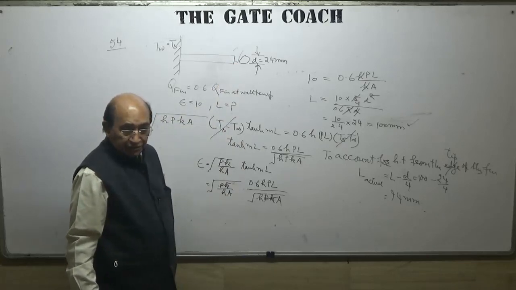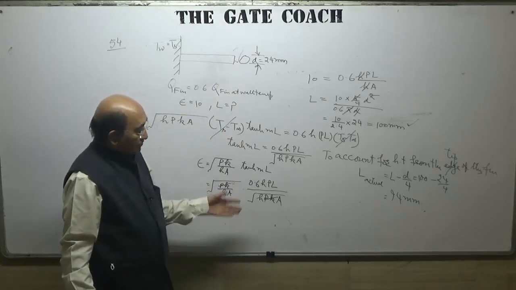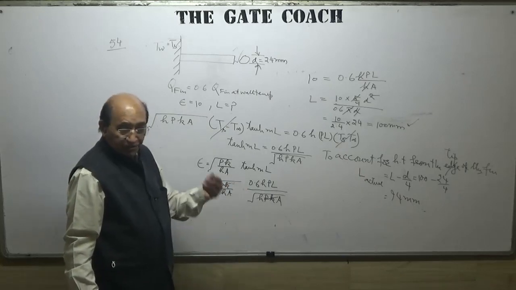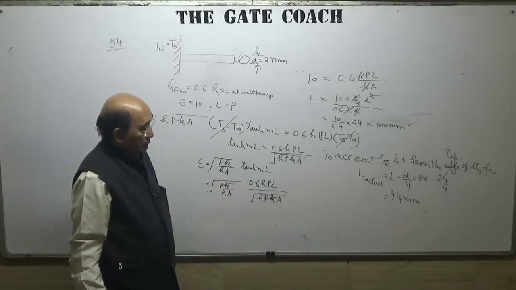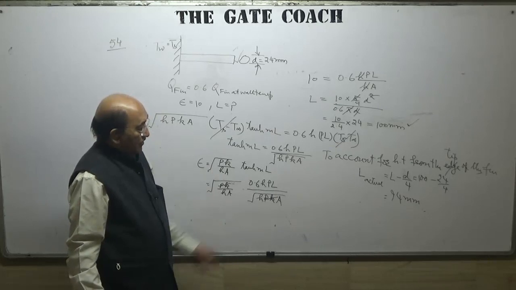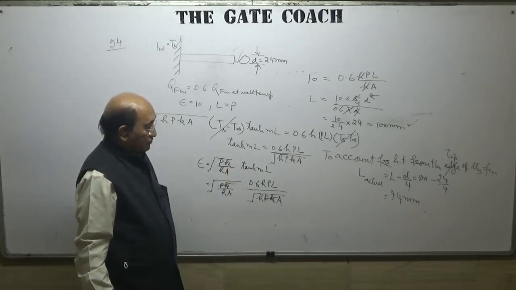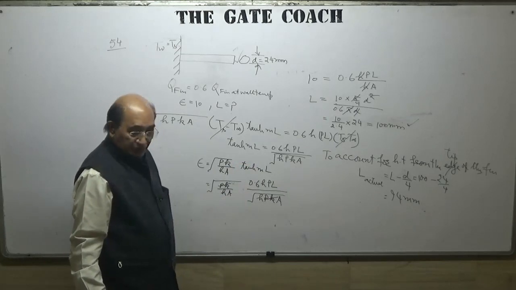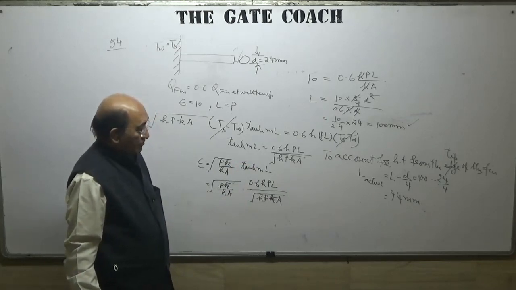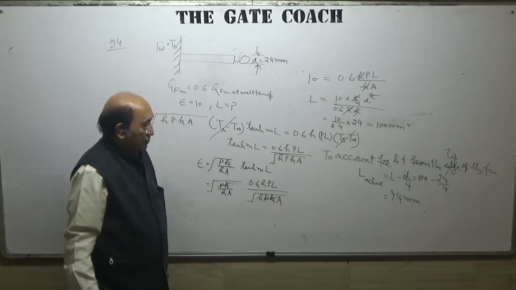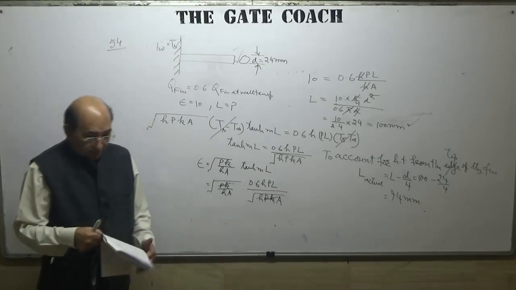This is not given in the question. That means some heat transfer may take place from here also. And for that, in most of the books, the relationship given is actual length should be length minus d by 4. So 100 minus 6, 94 millimeter.